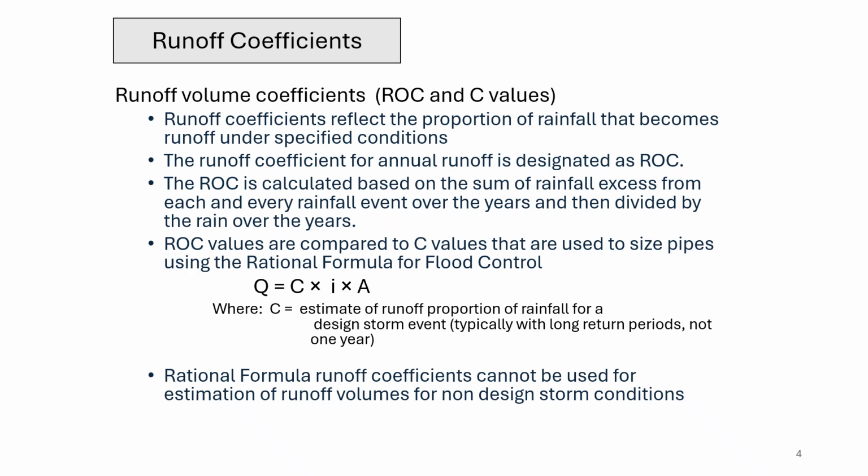While both are called runoff coefficients and represent a ratio of runoff to rainfall, the rational formula's C values are intended for sizing pipes and managing specific, often intense design storm conditions. These rational formula runoff coefficients cannot be used for estimating overall runoff volumes under non-design storm or annual conditions, as their underlying assumptions and applications are quite different.